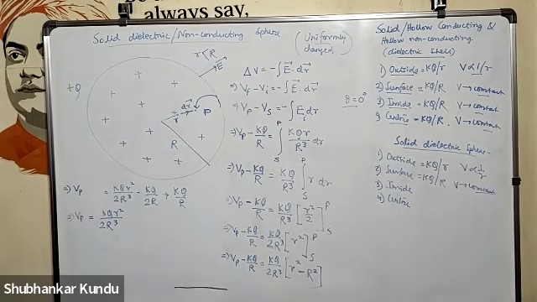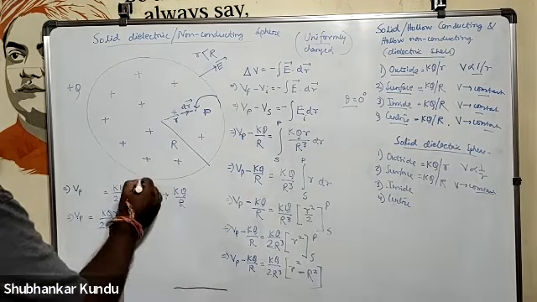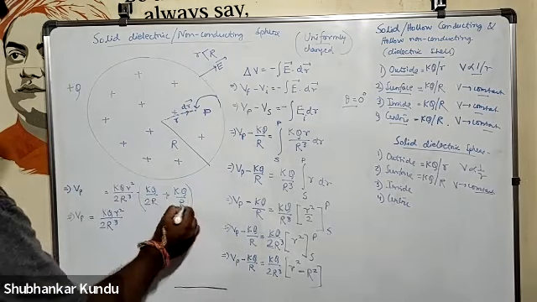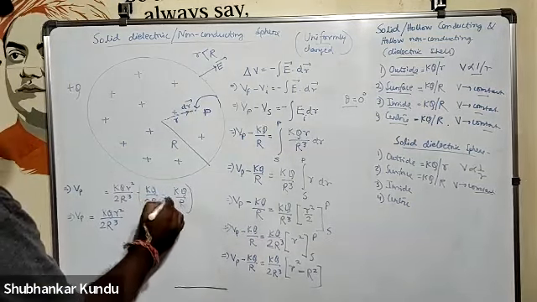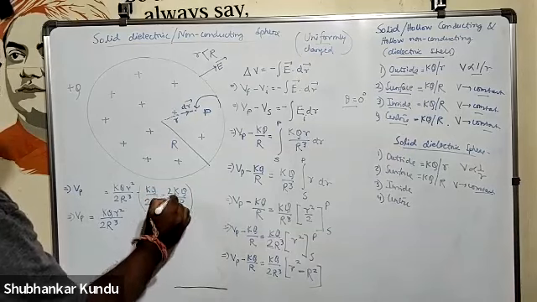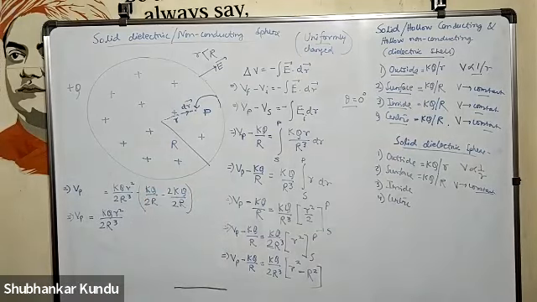On calculation, what will it be? Let me try to do it this way. It will be minus, here it will be 2, here it will be 2, something like that. Right?